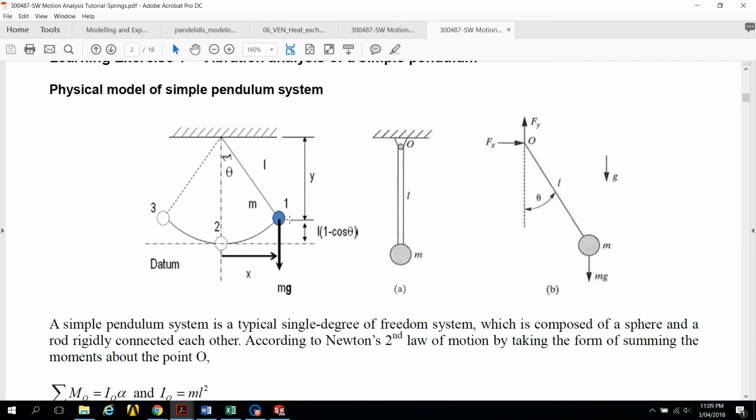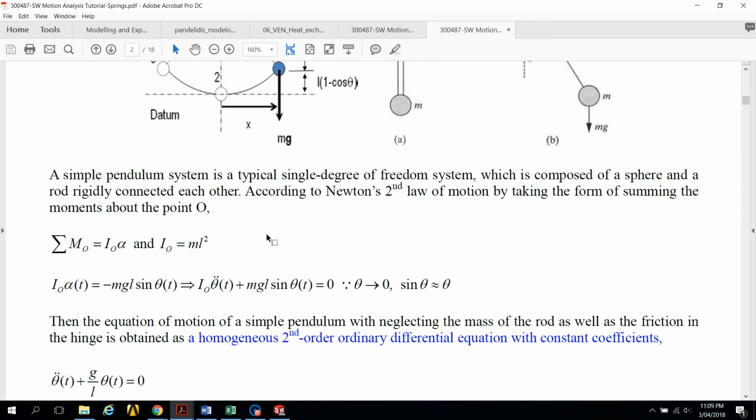Positions number 1, 2 and 3, and we have the mass multiplied by g, which is 9.81, the weight of the ball. This distance here is L multiplied by 1 minus cosine theta. That's the datum line and datum point, the 0 position.